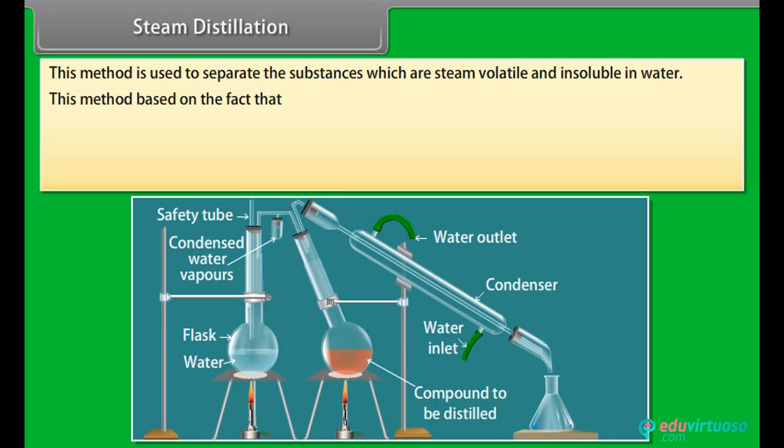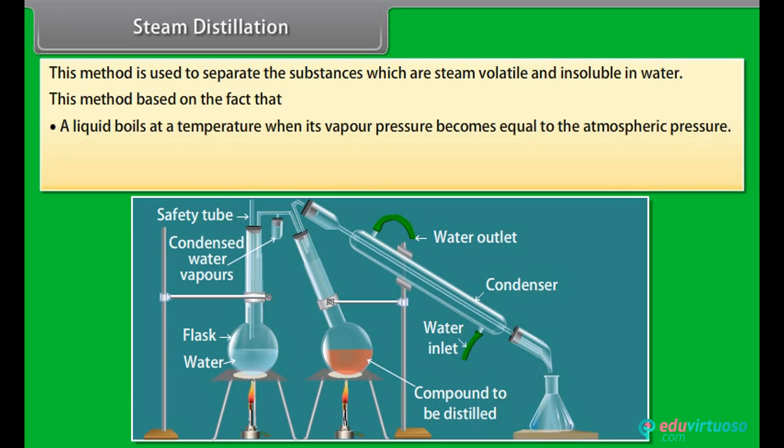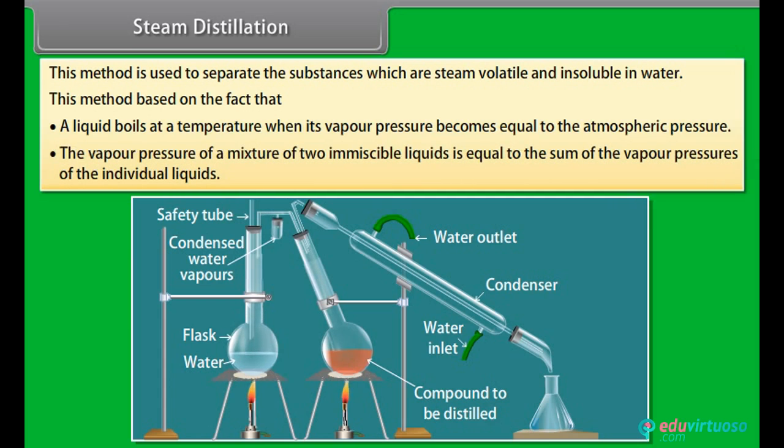This method is based on the fact that a liquid boils at a temperature when its vapor pressure becomes equal to the atmospheric pressure, and the vapor pressure of a mixture of two immiscible liquids is equal to the sum of the vapor pressures of the individual liquids.